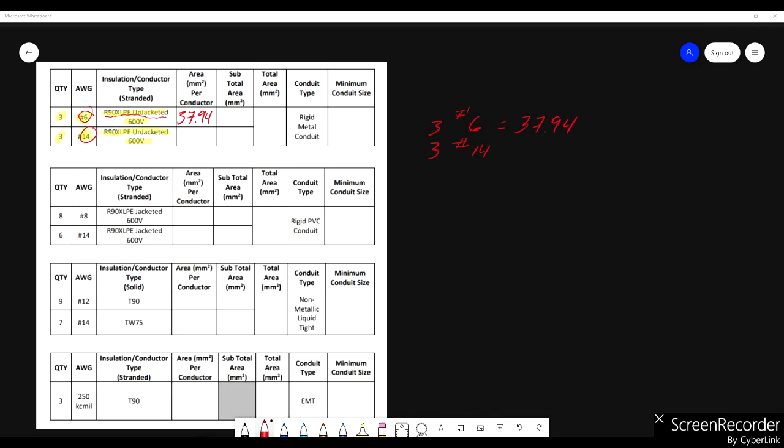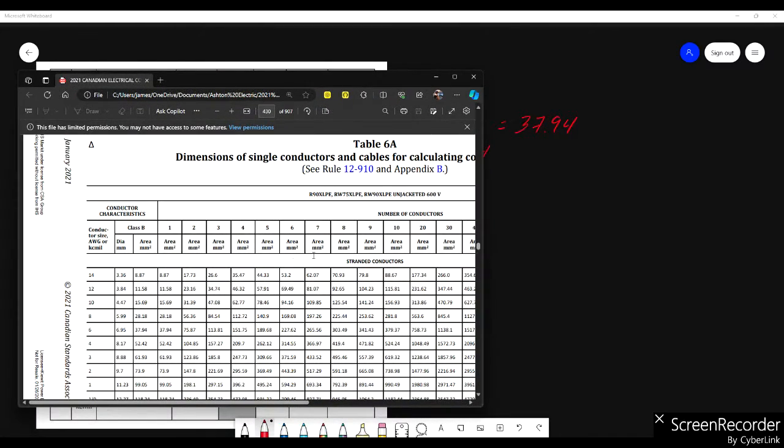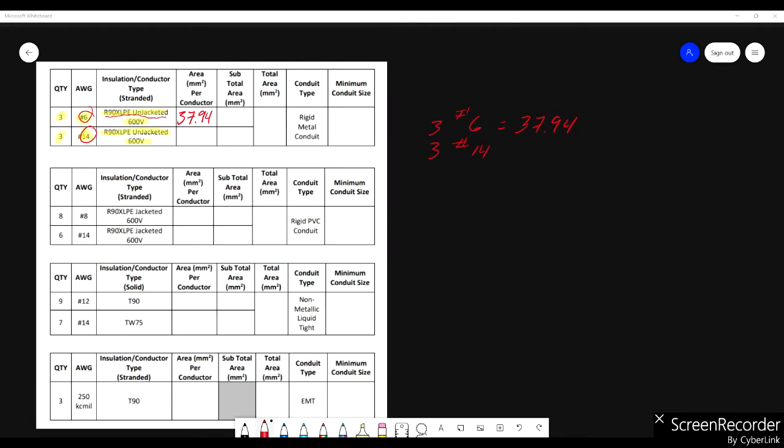And then number 14, come back over here, number 14 would occupy 17.73. Or sorry, no, that's for 2 conductors, 8.87. Okay, I go 8.87, and then I'll just put it over here, 8.87.